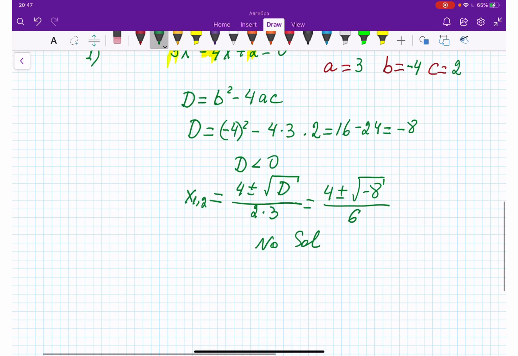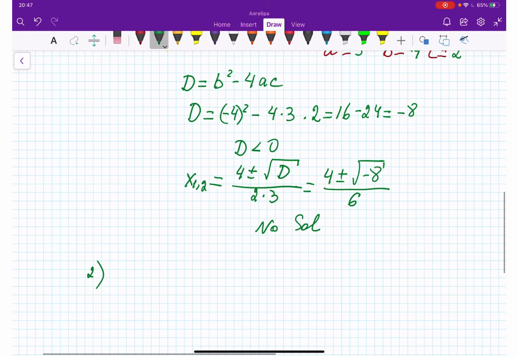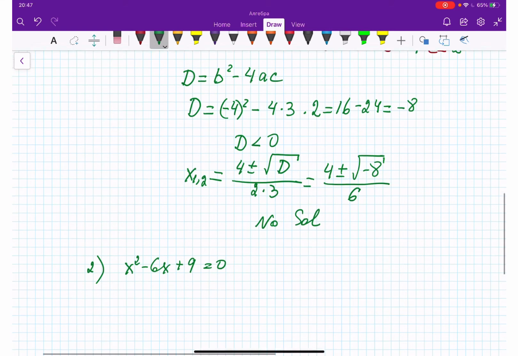Second example: x squared minus 6x plus 9 equals 0.